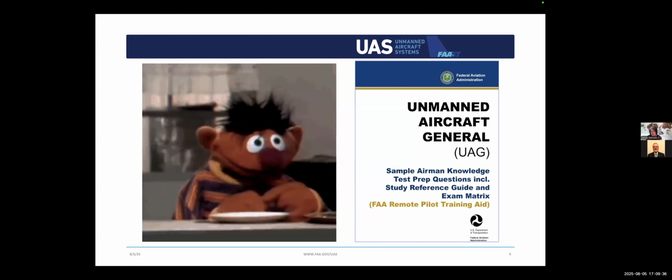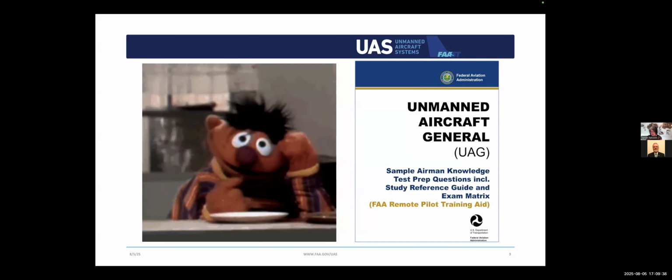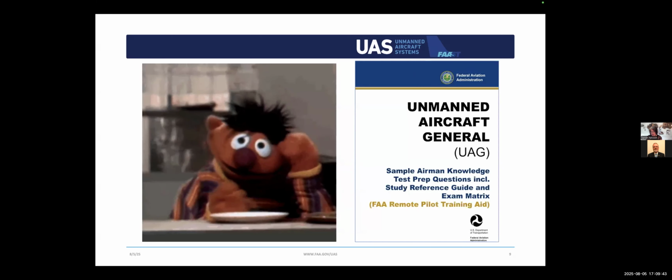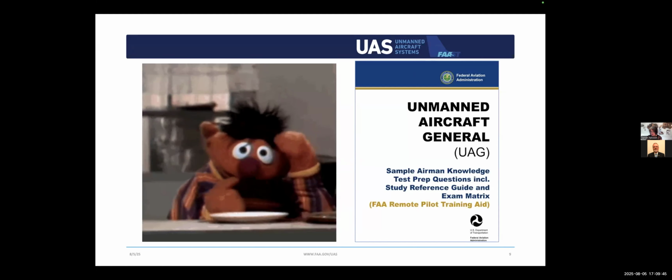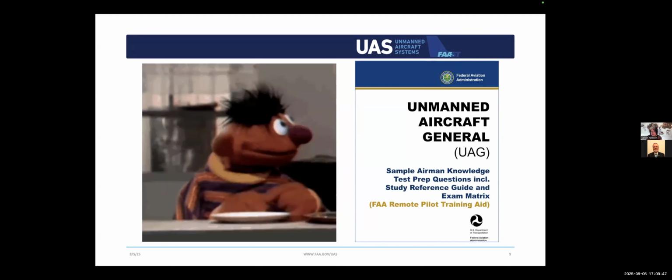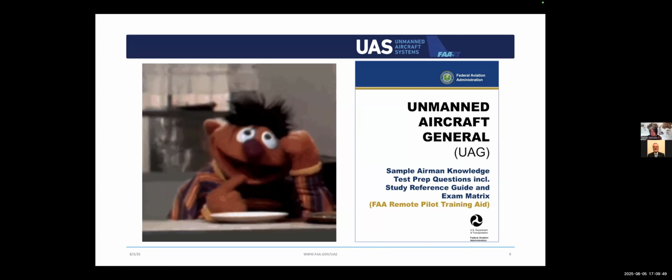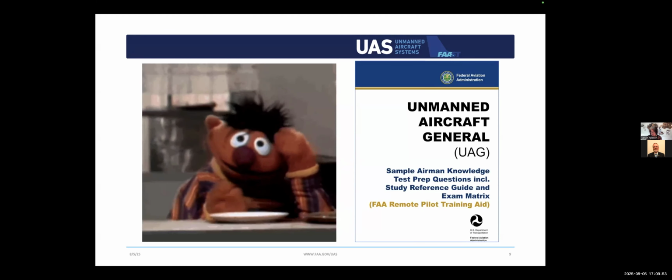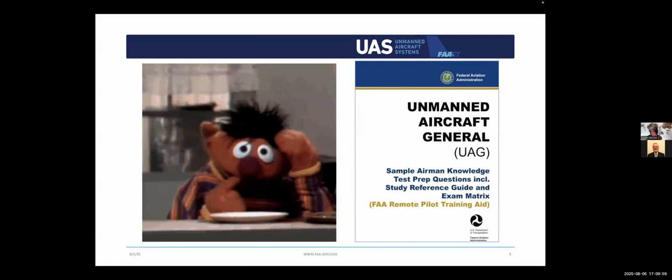If you are a first-time pilot, at least 16 years old, able to read, write, speak, and understand English, and are in a physical and mental condition to safely fly a drone, you must study for, sit, and pass the initial aeronautical knowledge exam, the Unmanned Aircraft General Small UAG exam, at an FAA-approved knowledge testing center. This will cost you $175.